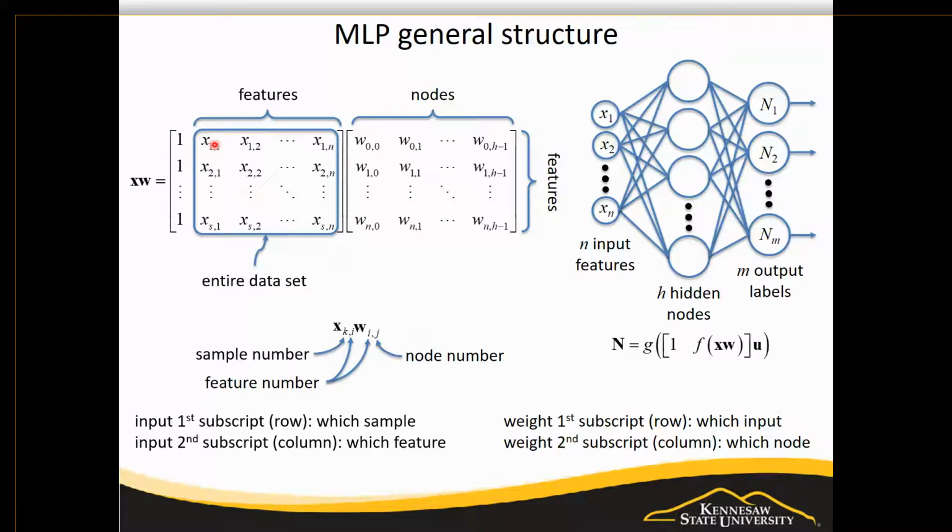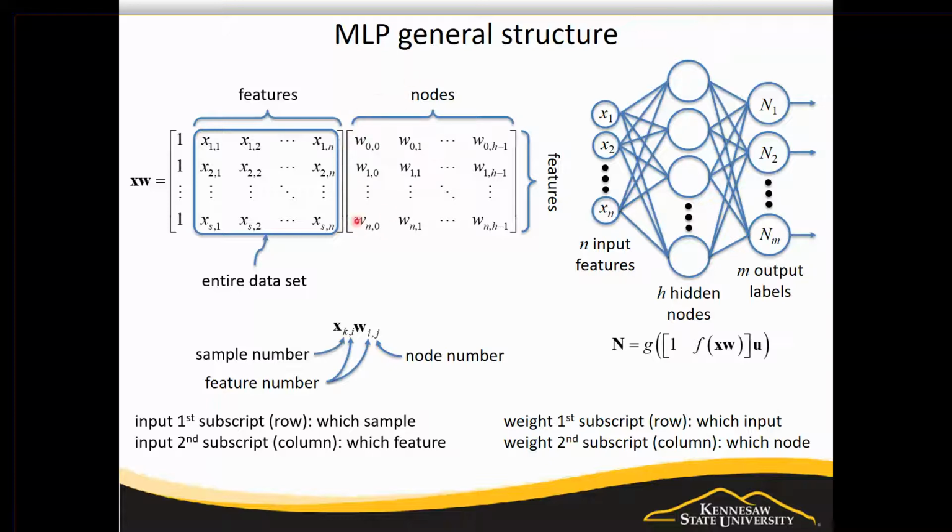Now, as it turns out, the very first column is filled with ones for the biases, and then it's all the rest of them that are actually the features, representing my entire data set now with X as a matrix. And the way the matrix multiplication works out, this is the first node because columns are in a node. So this represents the first node up here.